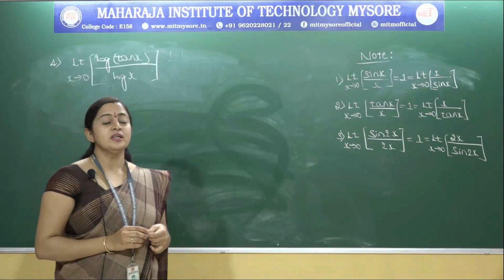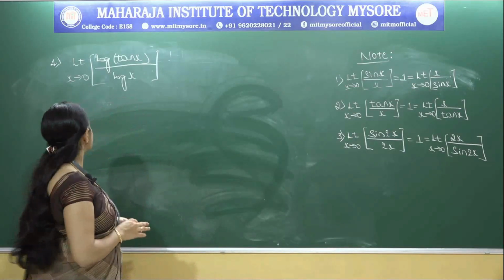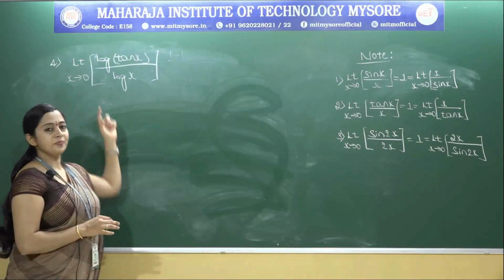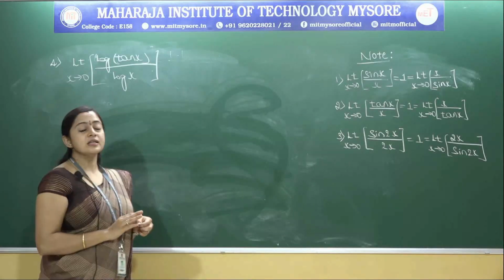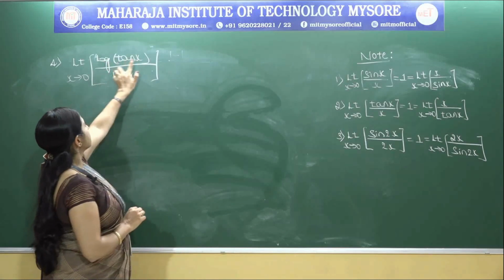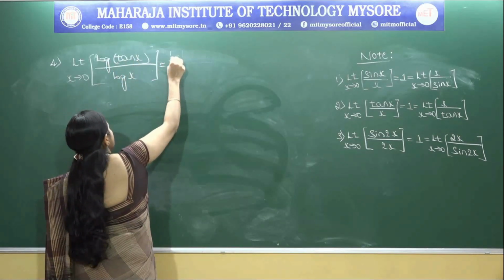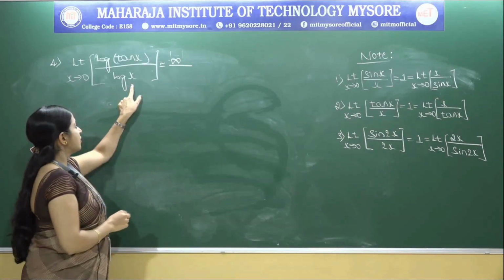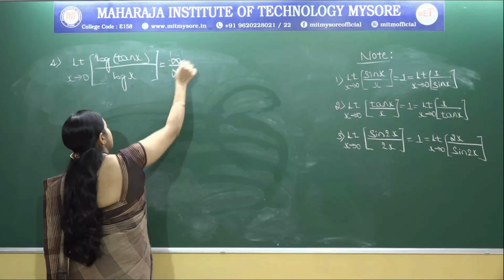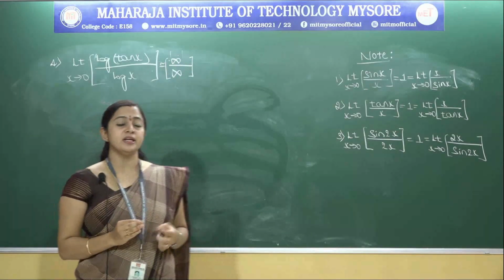The next problem, limit of log of tan x divided by log x as x tends to 0. Here first apply the limit. Since tan 0 is 0, log 0 is infinity. So in the numerator you got infinity, denominator log 0 is again infinity. So it is infinity by infinity form.